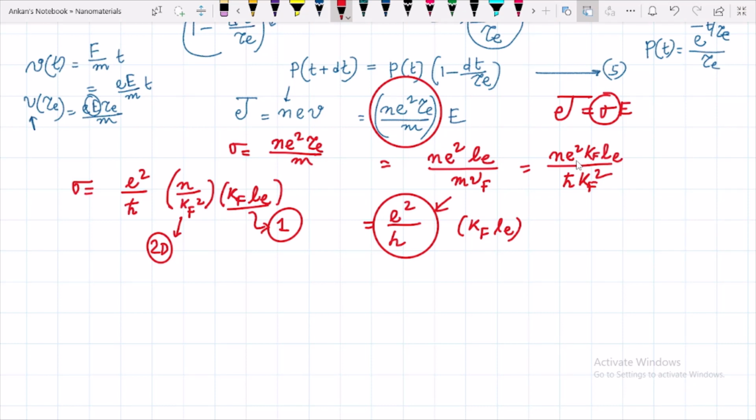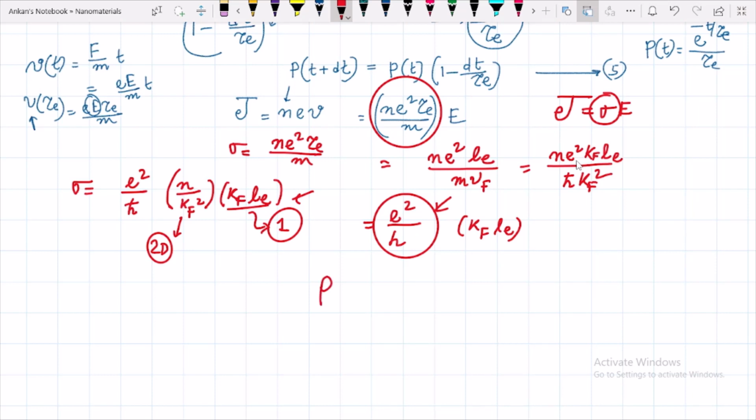This may have the value 1, 2 or some other value, but the term involved here is e squared upon h. So we can say that sigma is not at all a constant. This is rather a discrete quantity, with the discretization constant being e squared upon h.